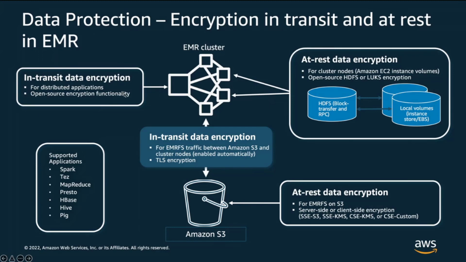And definitely for S3, you have the option of SSE-S3, SSE-KMS, and CSE-KMS. So the whole of the data can be encrypted with the help of EBS encryption, EMRFS encryption, LUKS encryption, and TLS encryption, and everything will be covered with that.